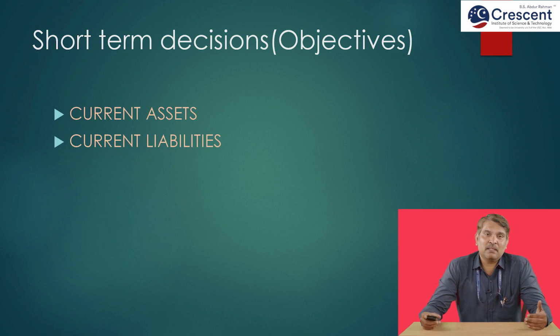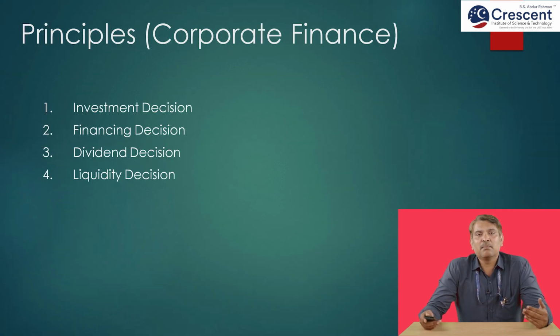This is how the company manages things so that cash inflows are higher and cash outflows are lesser. So we had a discussion on the objectives of corporate finance. Then comes the principles of corporate finance. Here again the decisions can be classified into investment decision, financing decision, dividend decision and liquidity-related decisions.